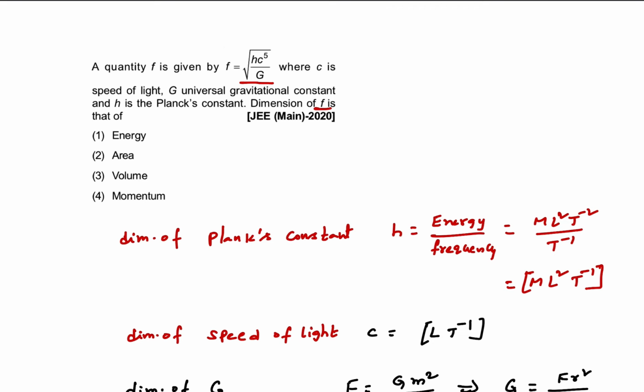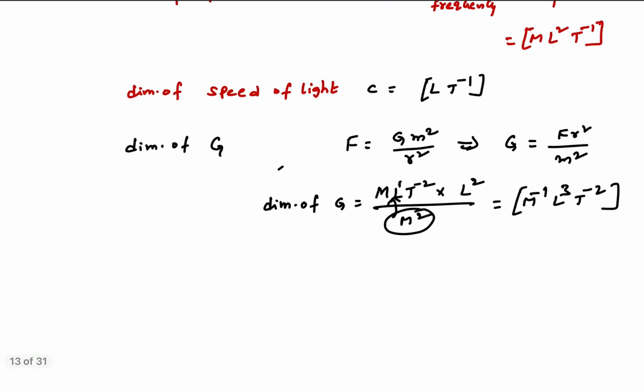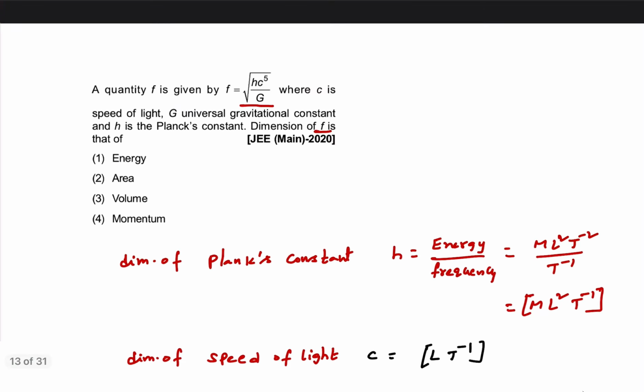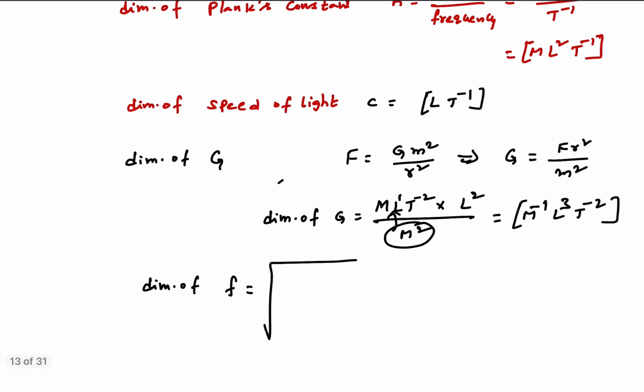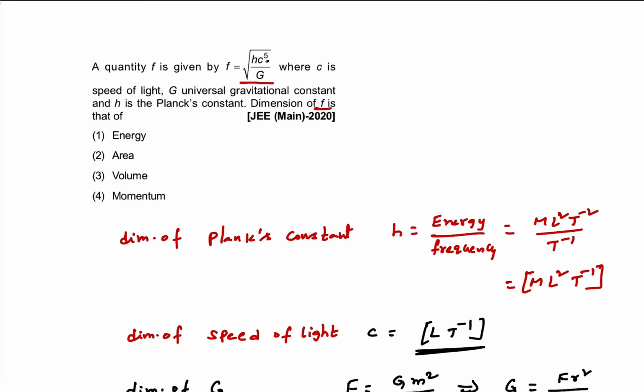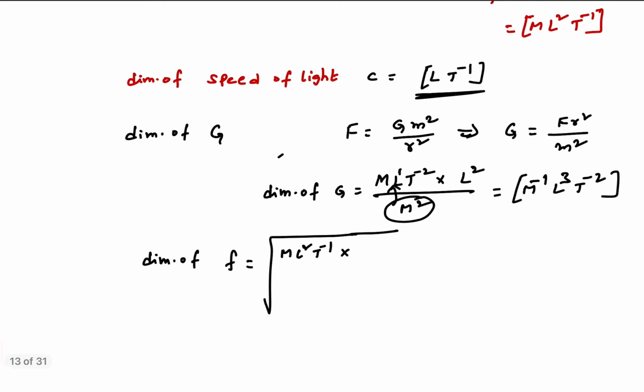Okay. I have written h, c and g, three values. Now you will follow this. Dimension of f is equal to under root of, first quantity is h. I am writing M L square T power minus 1, into c to the power of 5 they are telling. What is c to the power of 5?